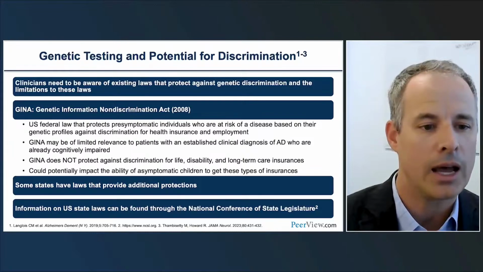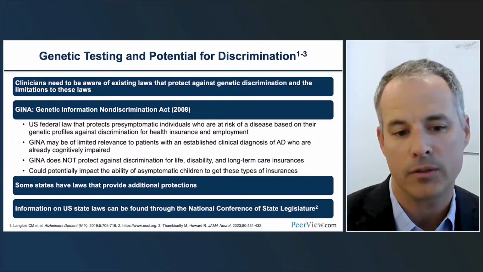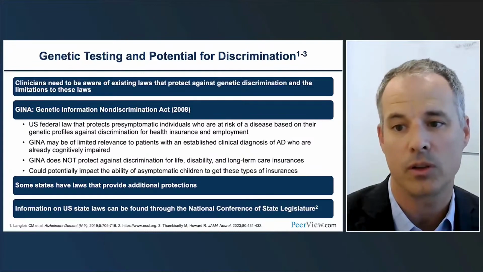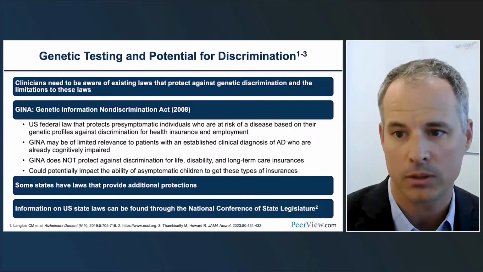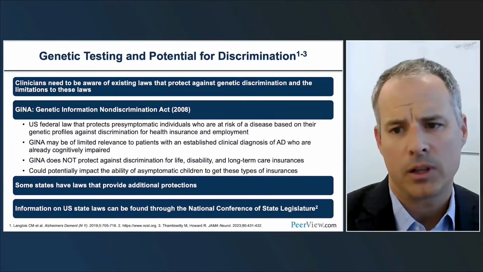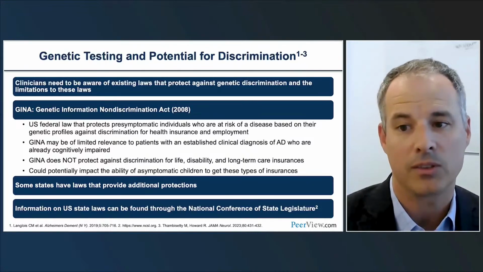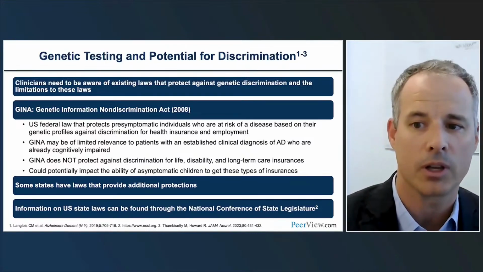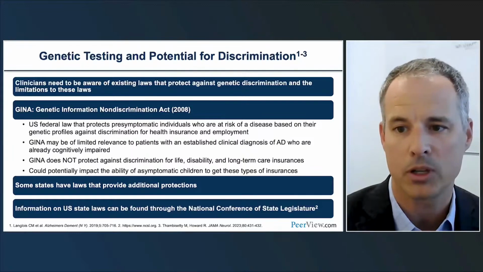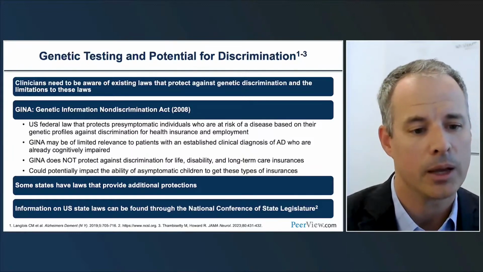However, GINA does not protect against discrimination for life insurance, disability insurance, or other long-term care insurance. It does not do that. Also, GINA may be of limited relevance to patients who already have been diagnosed with Alzheimer's disease, as our patients likely have because they've already undergone biomarker testing before we initiate ApoE testing, and who are already cognitively impaired.